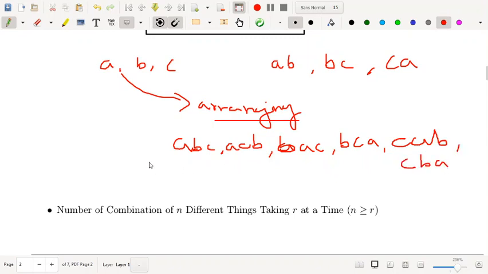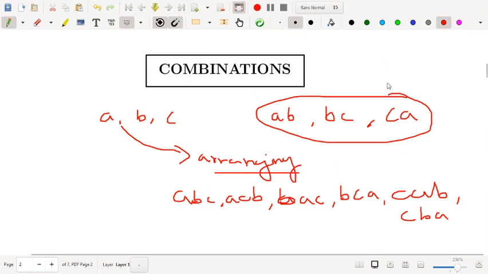Look at that, there are 6 arrangements when you are arranging 3 letters. But if you are selecting 2 at a time, there will be 3 selections. So this selection or grouping is called combination, as already discussed in my previous video also.